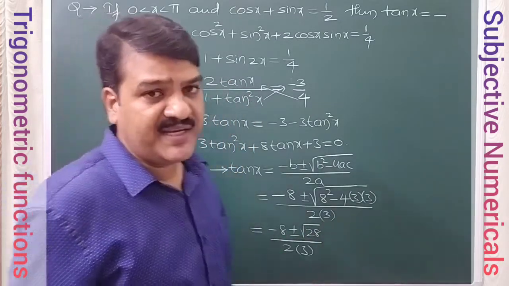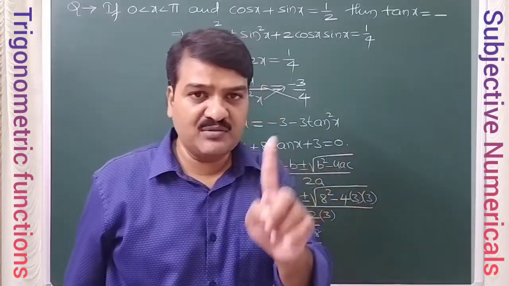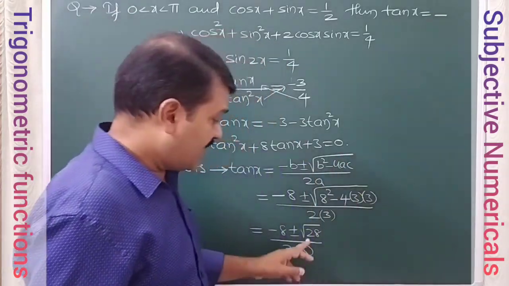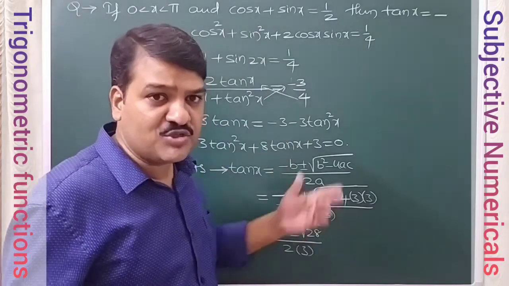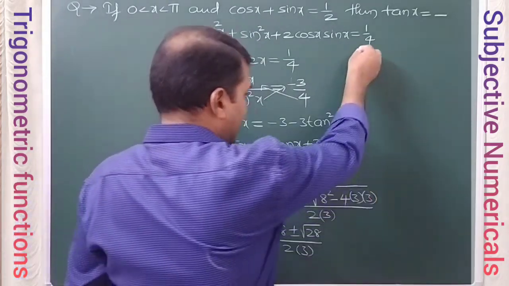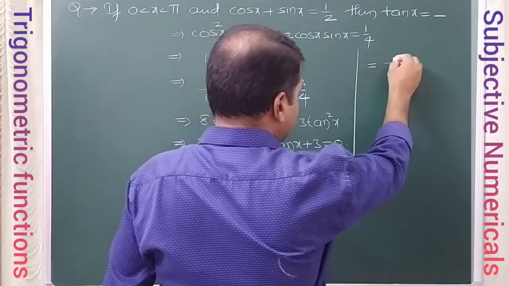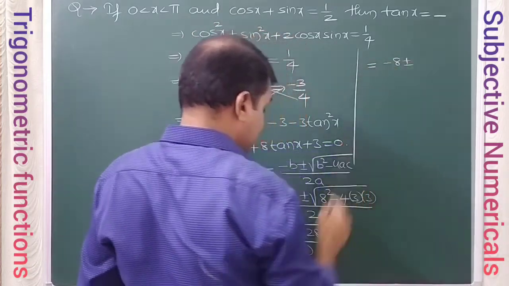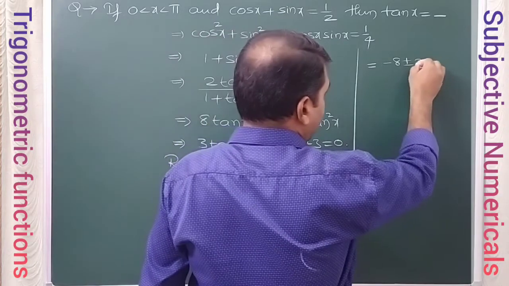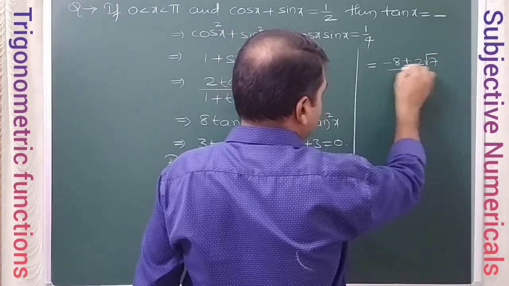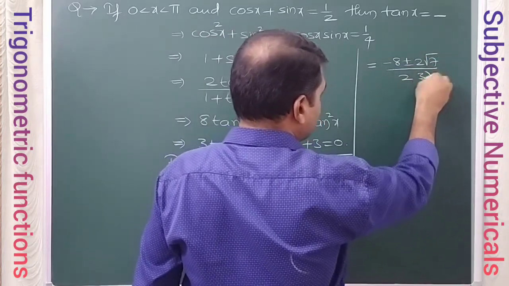Now what is root 28? Root 28 means under root 4 into 7, which is 2 root 7. So what am I getting now? Minus 8 plus or minus 2 root 7, by 2 into 3.